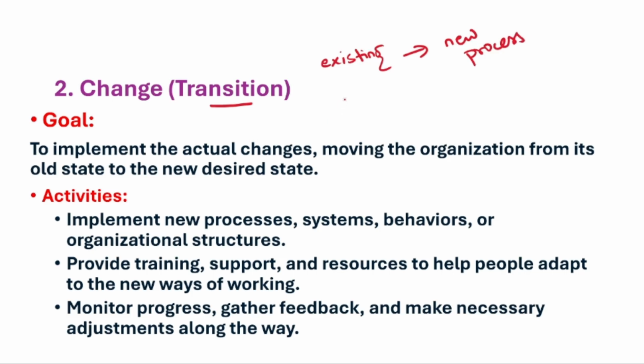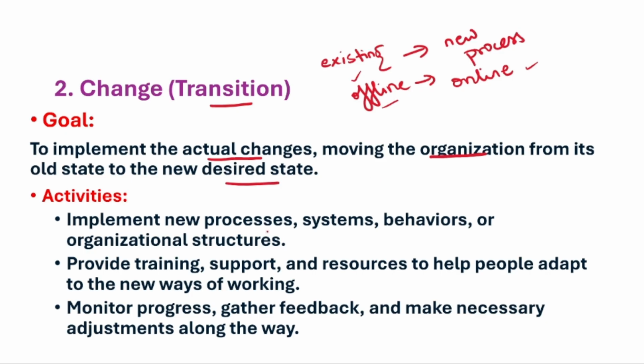As I gave you one example, shift from offline to online mode. So online mode was a new process and offline was the existing one. So what is the goal here in the second phase? To implement the change, to move the organization from the old state to a new desired state, means to the new equilibrium.